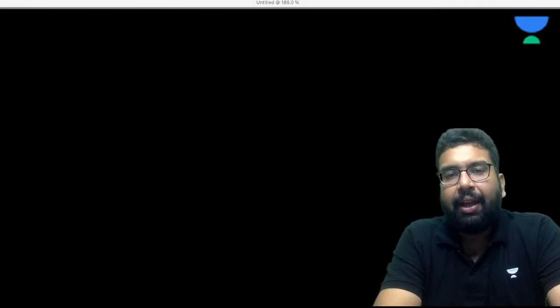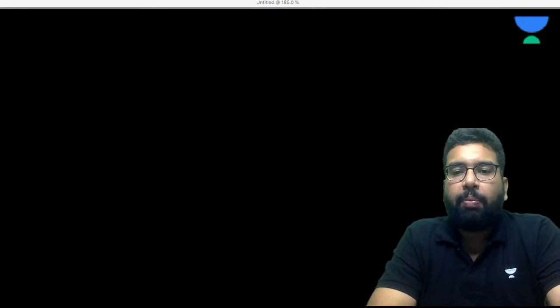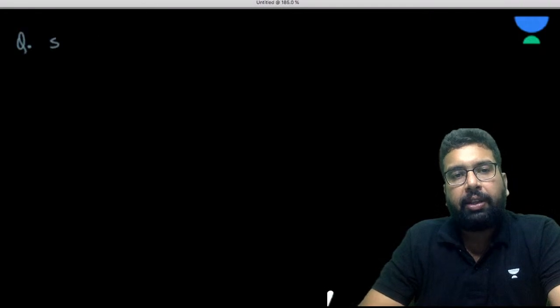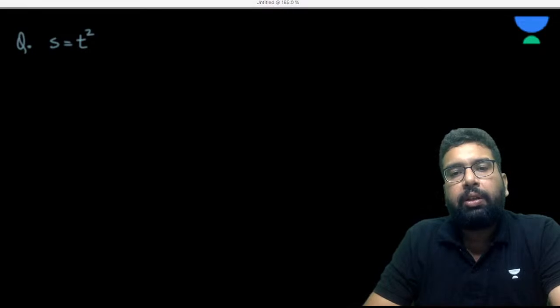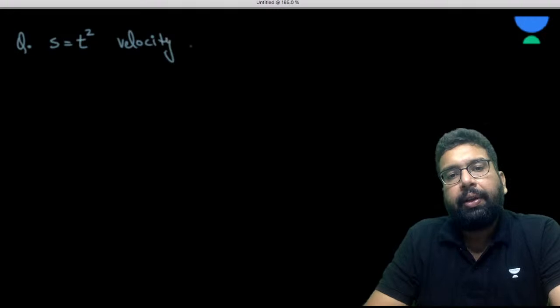Now let's solve some problems. If you are good at differentiation, this is not going to be any worry. Let's suppose s is equal to t square. Now we want the velocity at t is equal to 1 second, t is equal to 2 second, t is equal to 3 second.